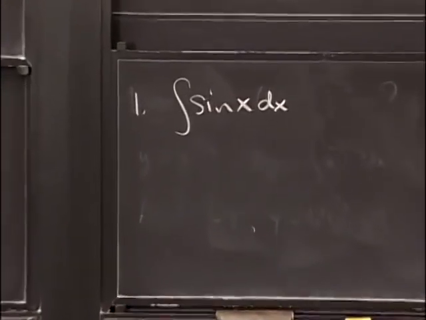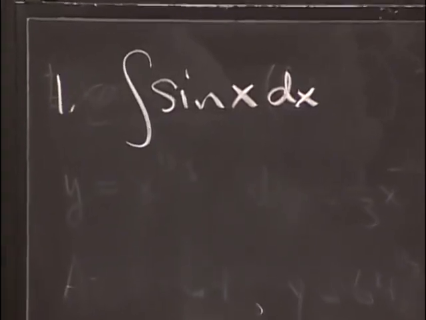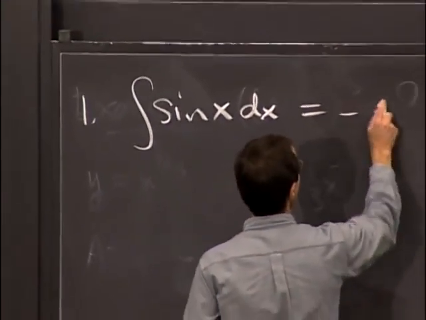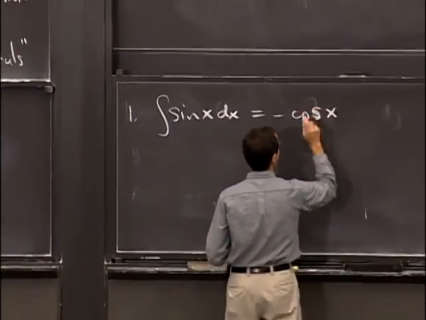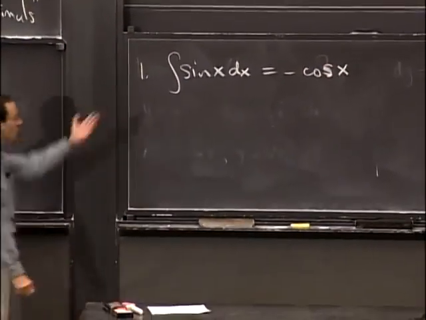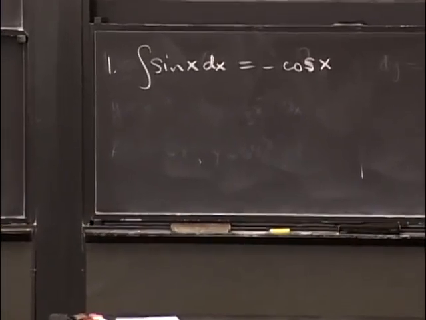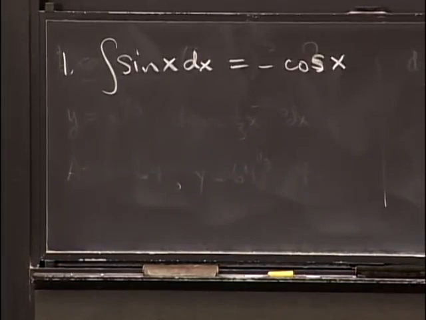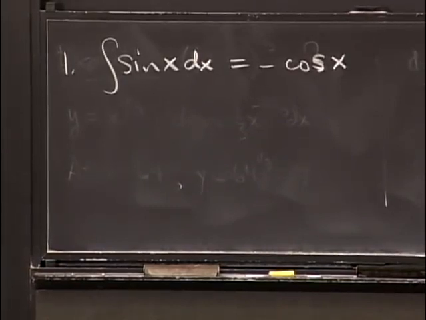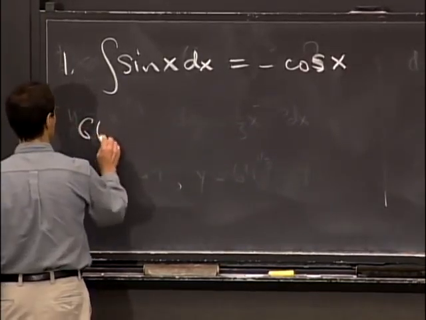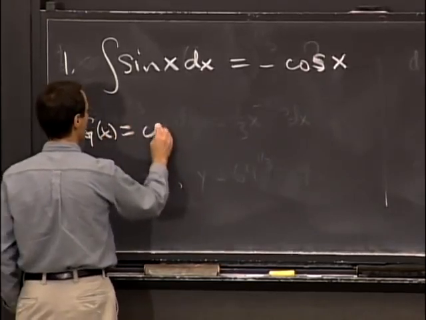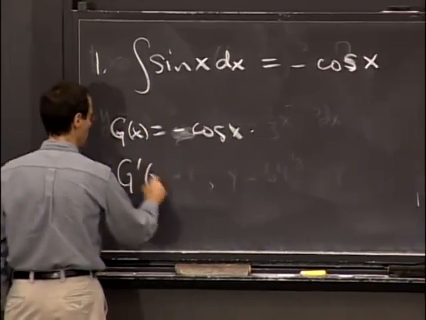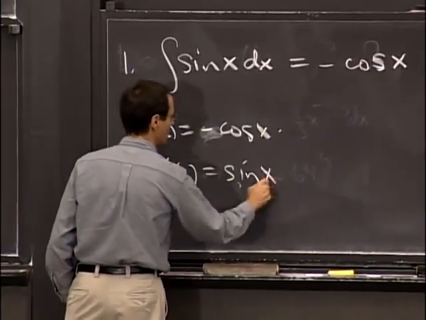So what function would that be? Negative cosine x. So negative cosine x differentiated gives you sine x. So this function, capital G of x equals negative cosine x, has the property that its derivative is sine x.